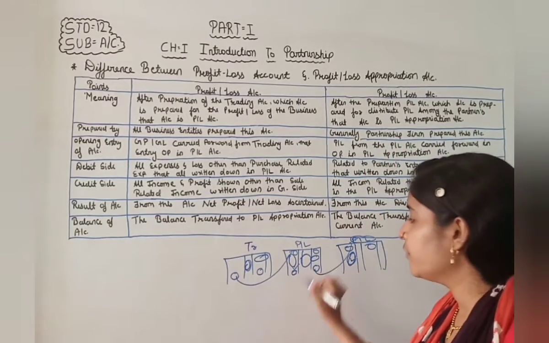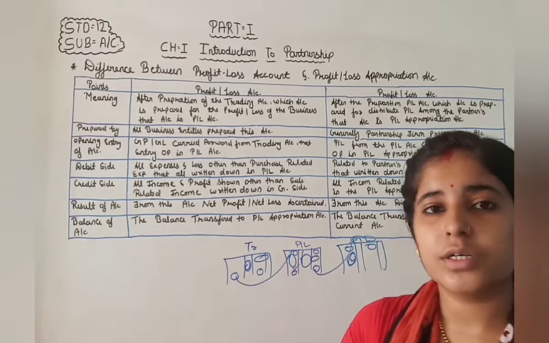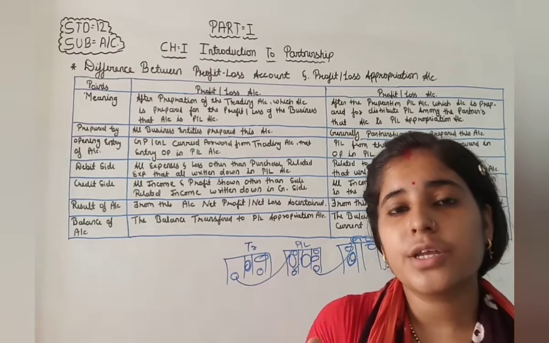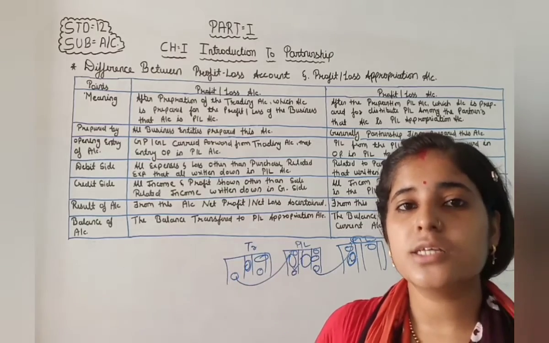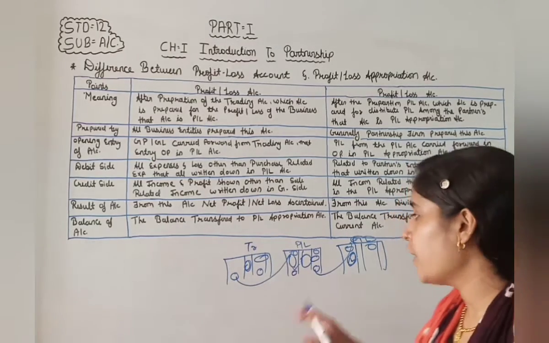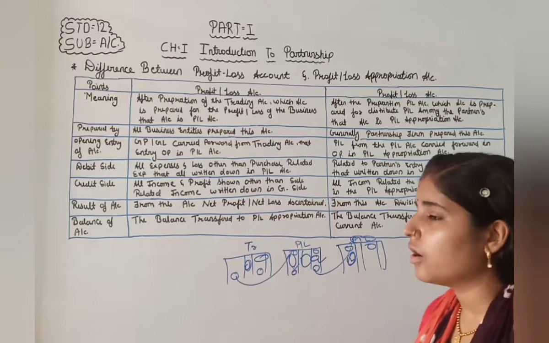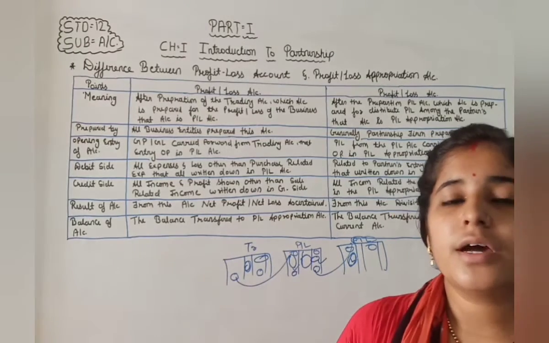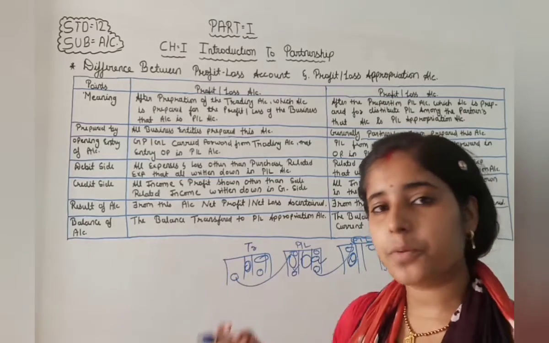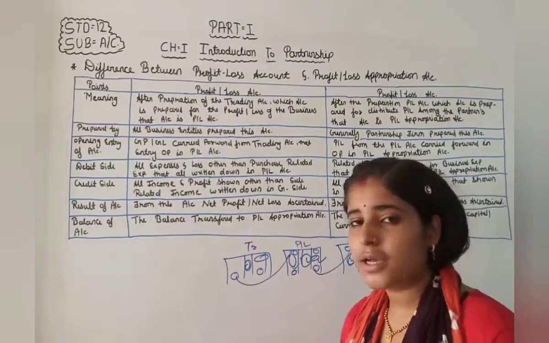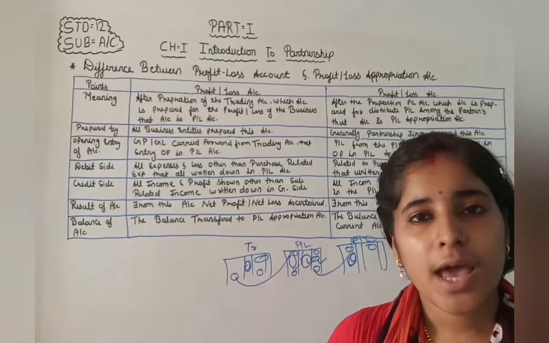Now if we give a house or factory on rent, that rent is our income. This type of income we write down here. Profit on the sale of assets is also written on the credit side of the profit and loss account.